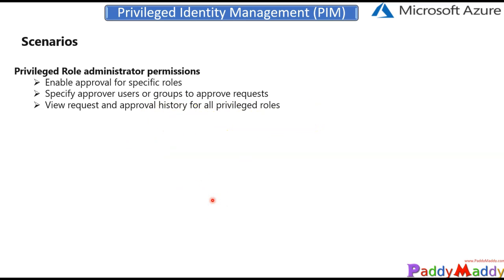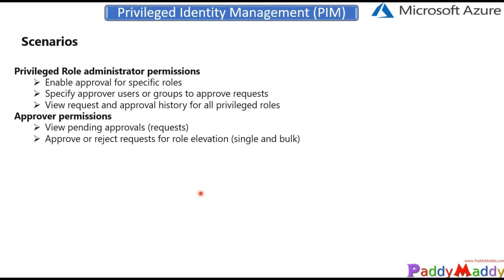Also, there is another permission called approver permission. When we talk about the approver permission, he can view all pending approval requests, and he can approve or reject even a role elevation. Single or bulk requests can be performed. Also, he can provide justification for his approvals or rejections.